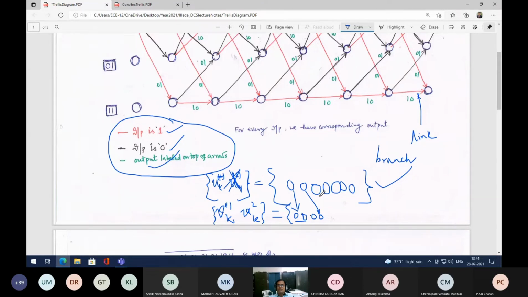Correct? Initially, we have started with all the registers loaded with 0, and you will get the corresponding output. Likewise, you will get 0 0 0 0 0 0. It goes like this.